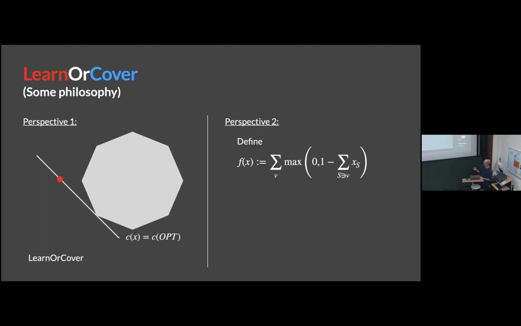What is this? If v is fractionally covered, then this is 0. Otherwise, it's the fractional uncoverage. Intuitively, we want to minimize f in the smallest number of steps. Maybe if we pay 1 every time we move in x, then we're interested in minimizing this function, which is convex.